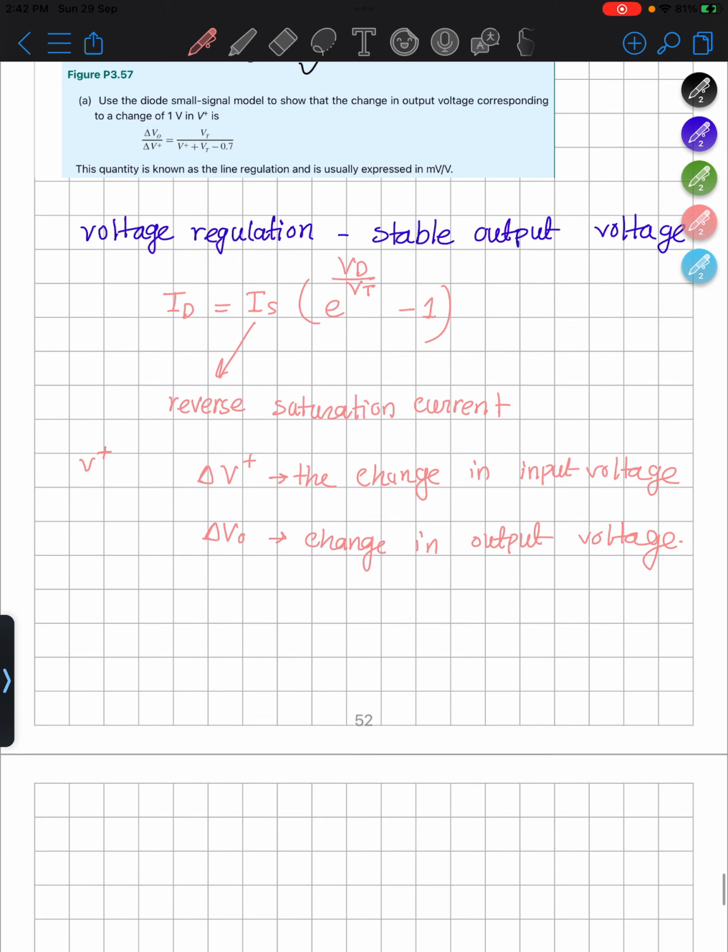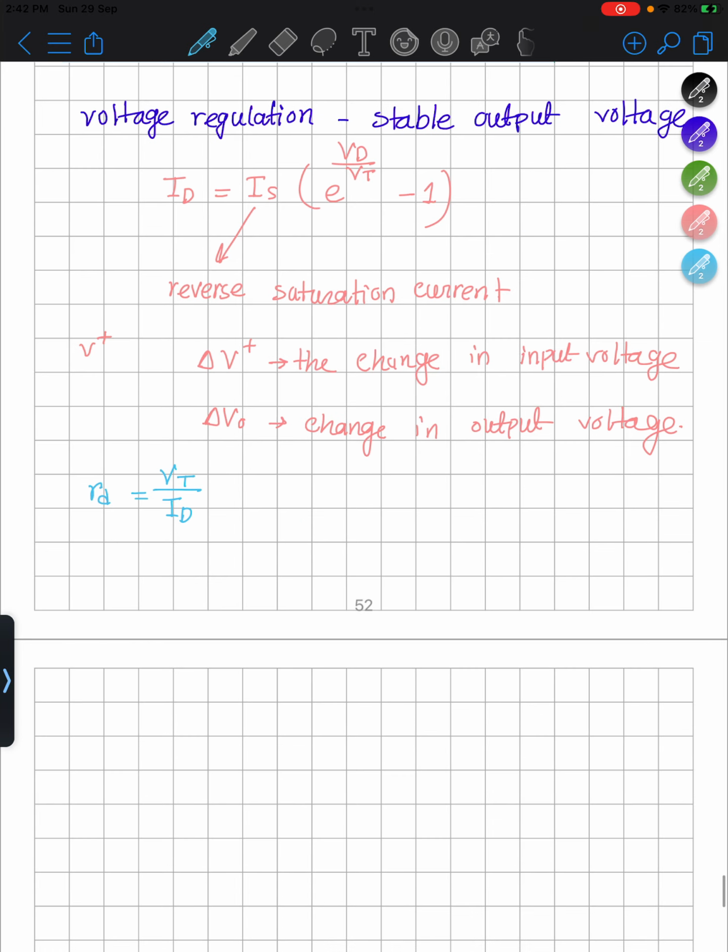It can be derived by linearizing the diode's current voltage curve using small signal resistance, which is RD. So RD is the diode's small signal resistance, and we know RD is equal to VT over ID. So from here we can derive the regulation equation.